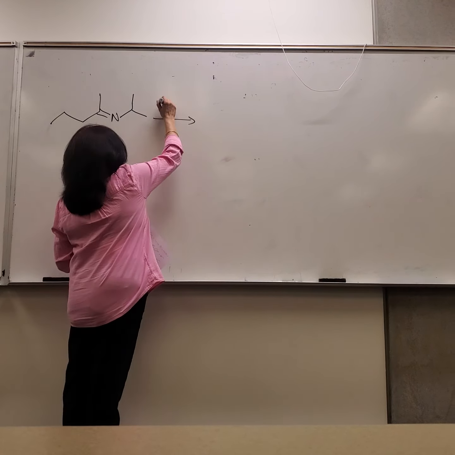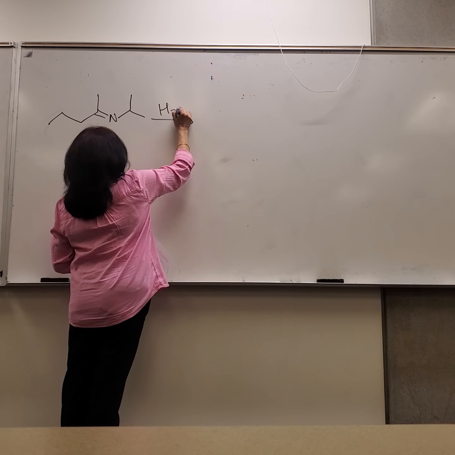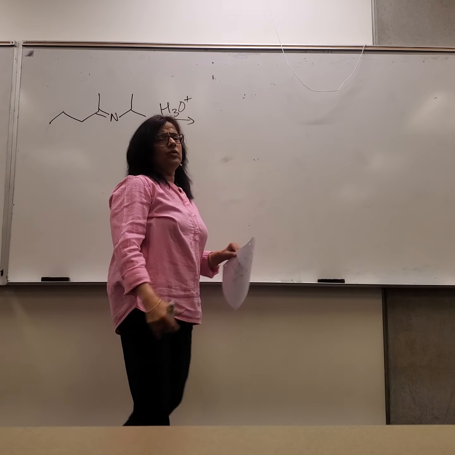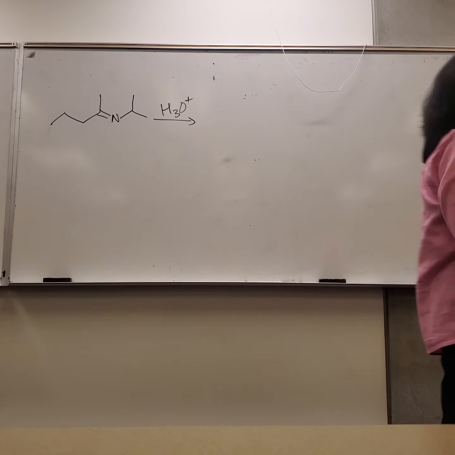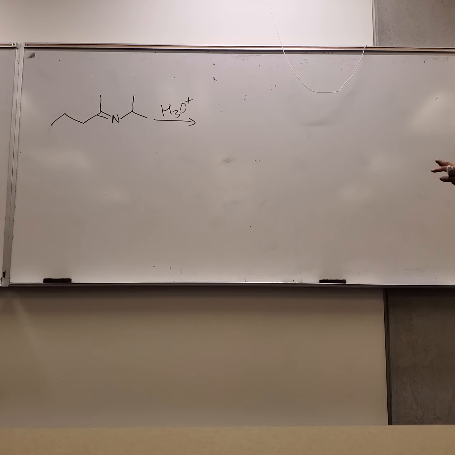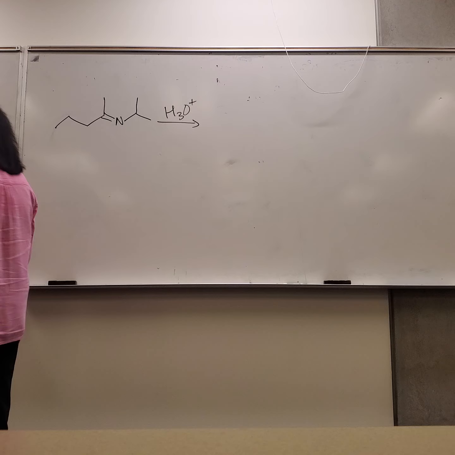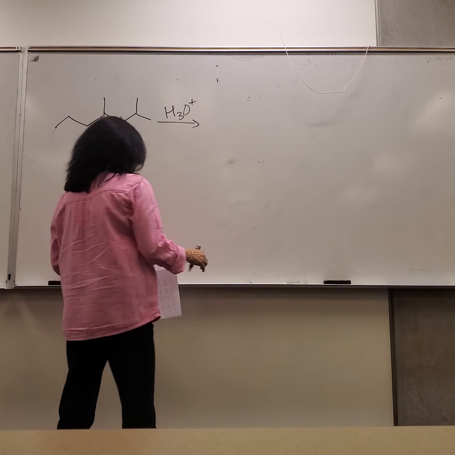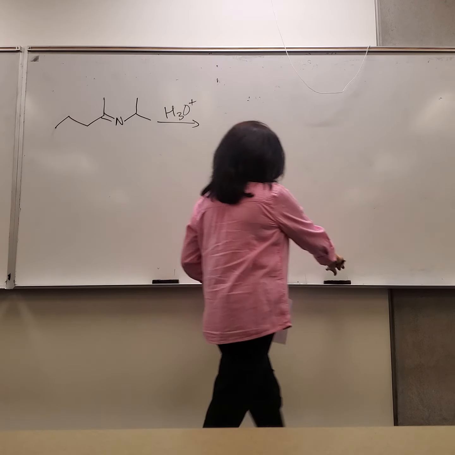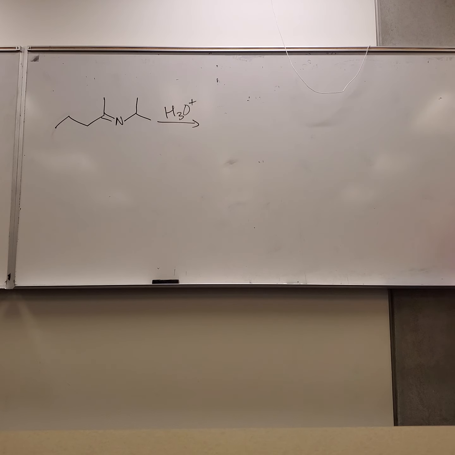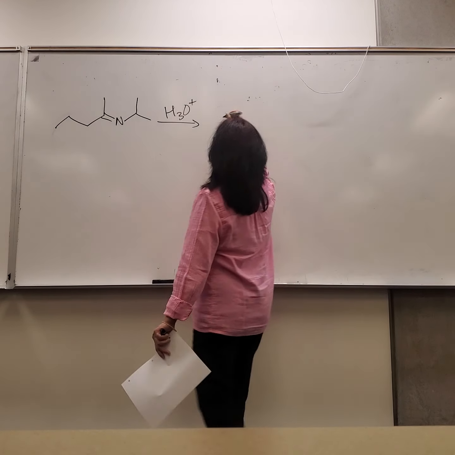Water with acid, or hydronium, dilute acid, whatever you want to call it, they all mean the exact same thing. Can you tell me what would be the outcome? Ketone. Which one? 1, 2, 3, 4, 5. 2-pentanone, very good.